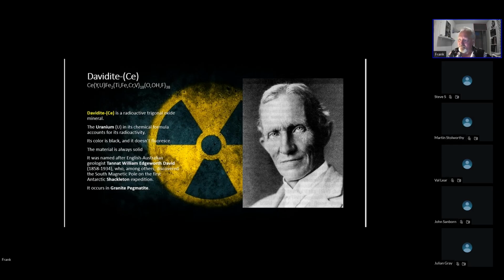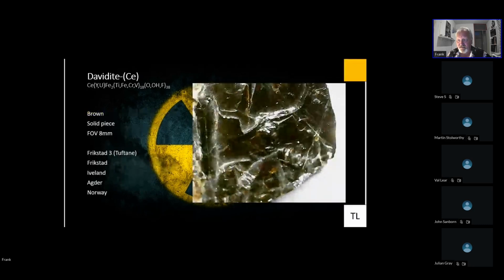Those names, who invented them? Davidite-(Ce) is a radioactive trigonal oxide mineral. The color is black and it doesn't fluoresce. And the material is always solid, massive. It doesn't show any crystals.